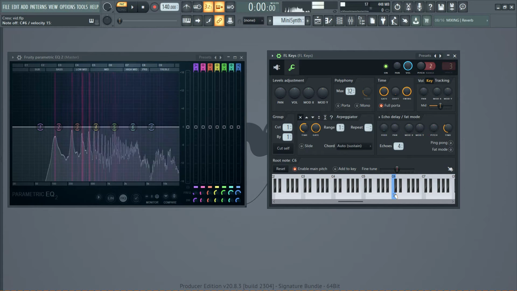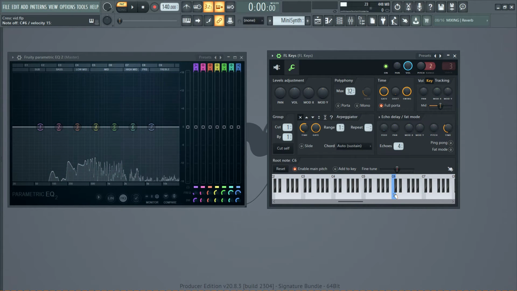Now, if you look at this piano and you go from C to the next note, C sharp, that's one semitone or one half step.